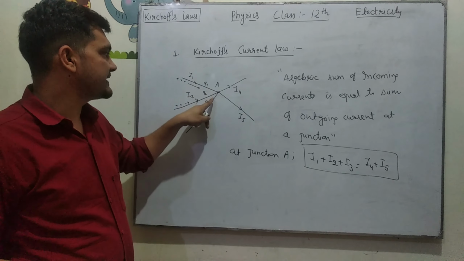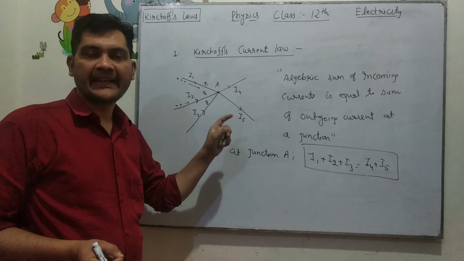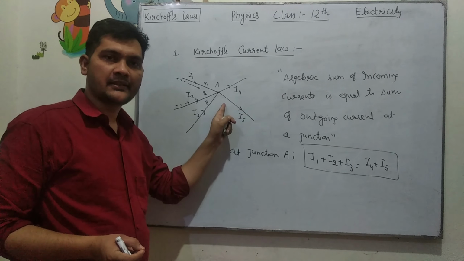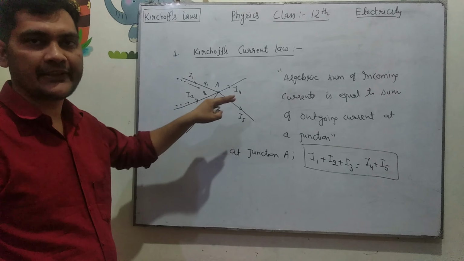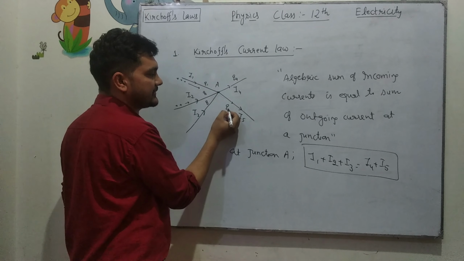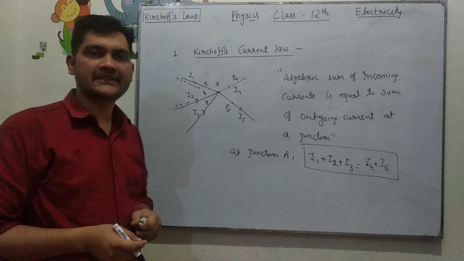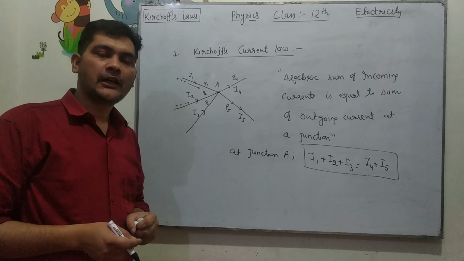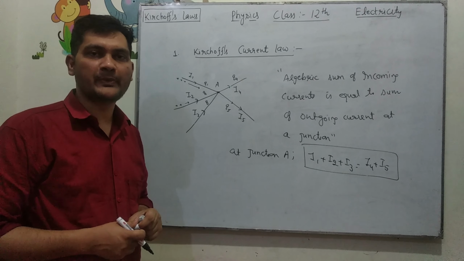So this incoming charge, that is Q1 plus Q2 plus Q3, must be moving and it must move from this point. So the whole charge that is coming here must leave this point also. So let us suppose this charge is outgoing charge. Q4 and Q5 are the outgoing charges from point A. Then, according to the conservation law of charge, charge can neither be created nor be destroyed.